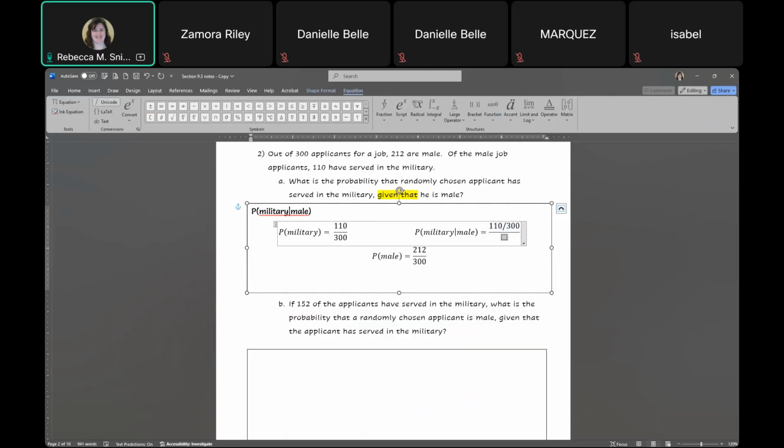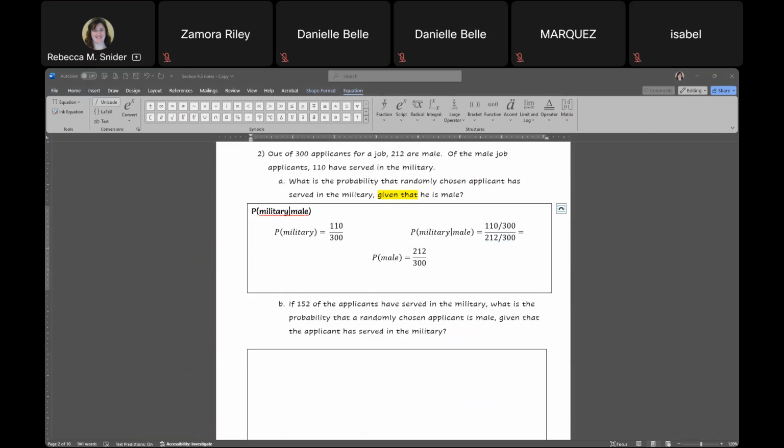And my denominator is going to be my male, so 212 over 300. Just like before, my denominators are the same, and this is why we do not reduce unless you absolutely have to, and why you want to save your reduction until the very end of your problem so that you don't have to do more work than is required.